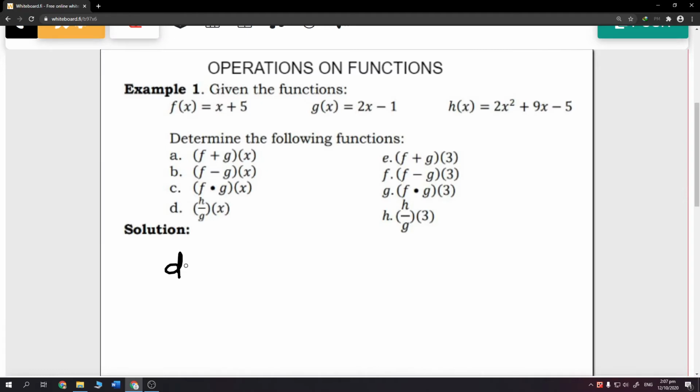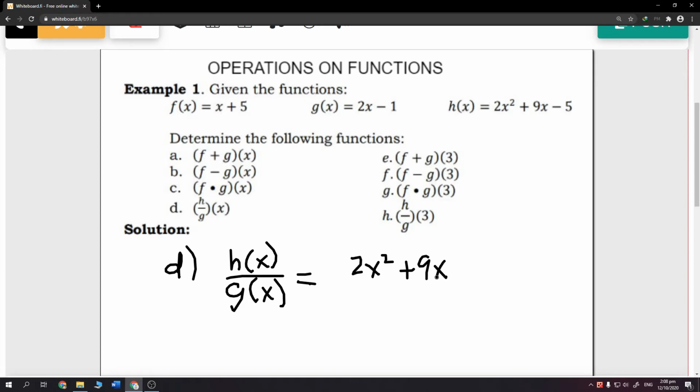Okay, letter D. We have h(x) over g(x). Our h(x) is 2x squared plus 9x minus 5, over g(x), which is 2x minus 1.